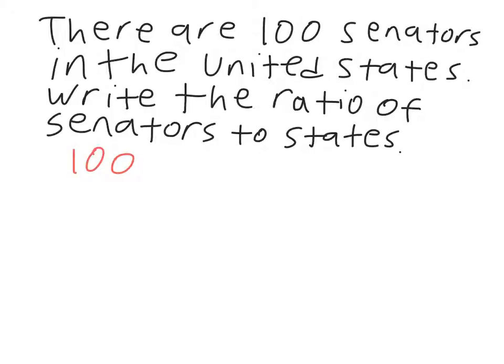And hopefully you know that in the United States there are 50 states. So this is a ratio of 100 to 50. To reduce this down as much as we can, this would be 2 over 1.